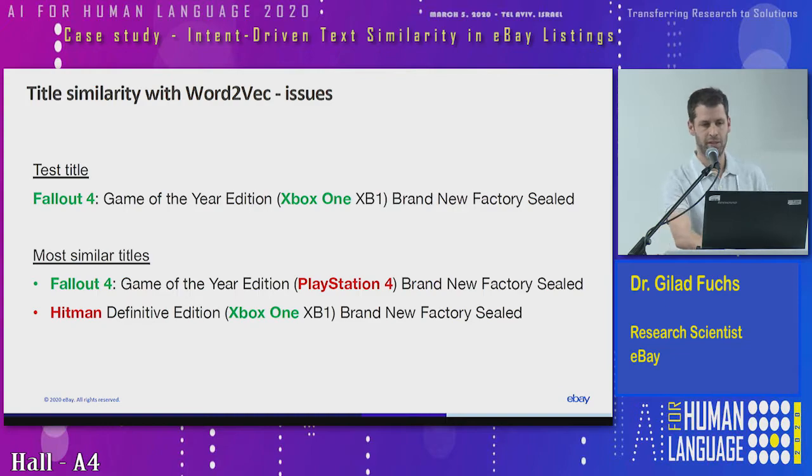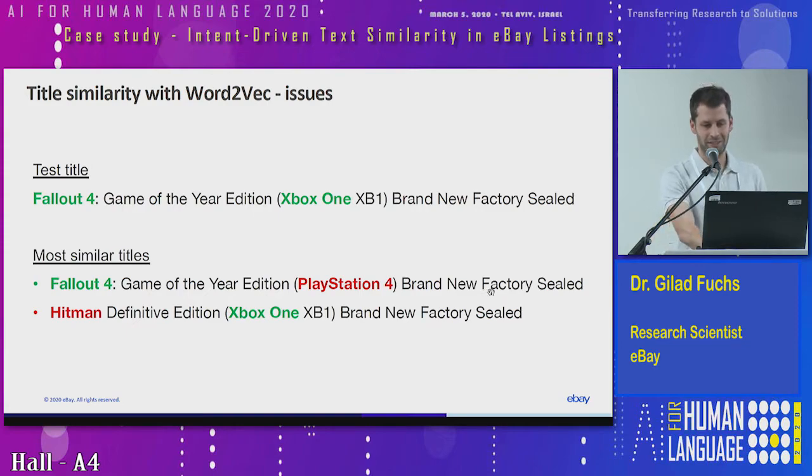So in this example, we have this test title of a Fallout 4 video game for Xbox One, and Word2Vec finds the most similar item to be indeed Fallout 4, however, for a different console, PlayStation 4. The second most similar item was Hitman, which is a completely different video game for Xbox One. So it's easy for us as humans to say that although the vectors are very similar, the essence of those items is quite different, okay?